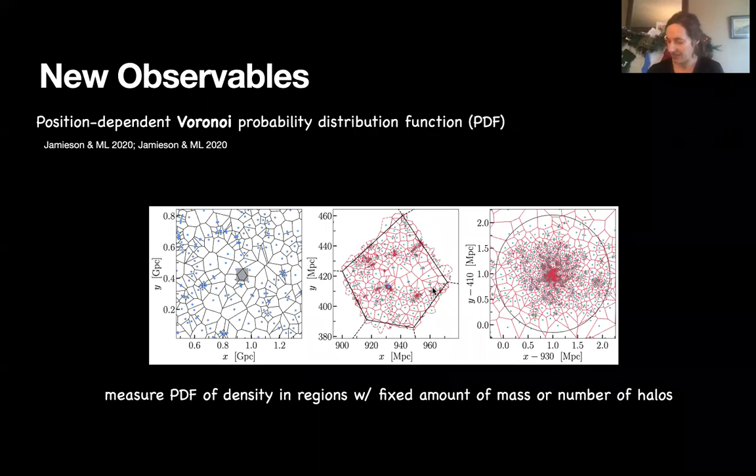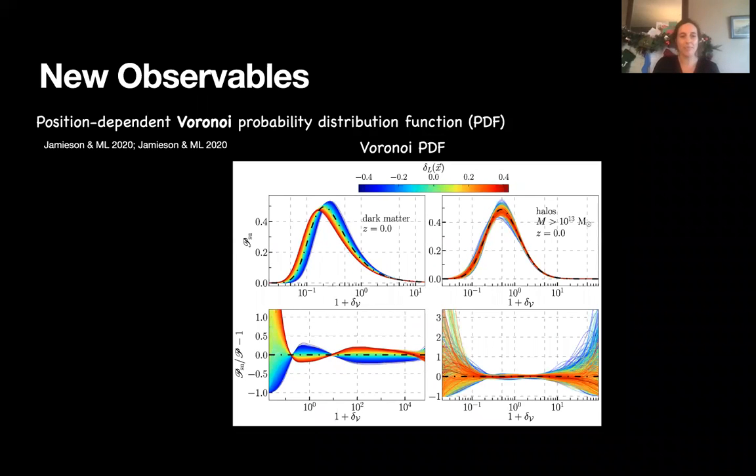Okay, so this shows a different way of measuring densities by selecting them on unequal volumes. And from that, one can also measure the probability distribution function for matter fluctuations, or in this case, halo fluctuations. This is something that's really straightforward to do with halos because given a halo catalog or a galaxy catalog, you can just come up with the partition for the volume and then measure the PDF.